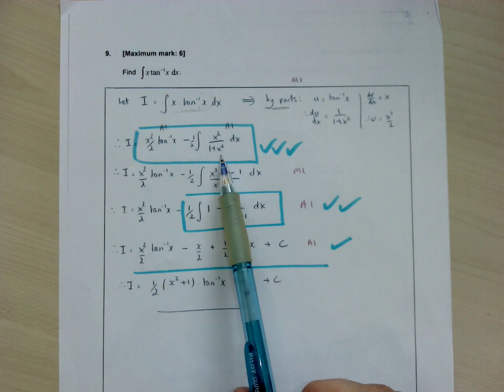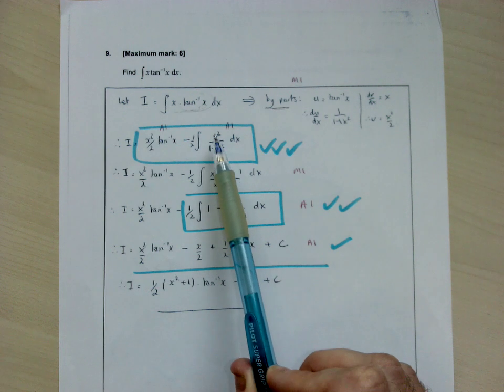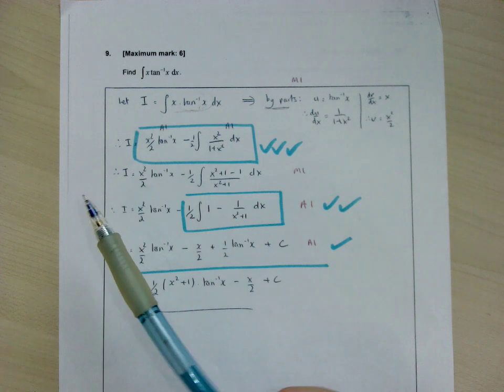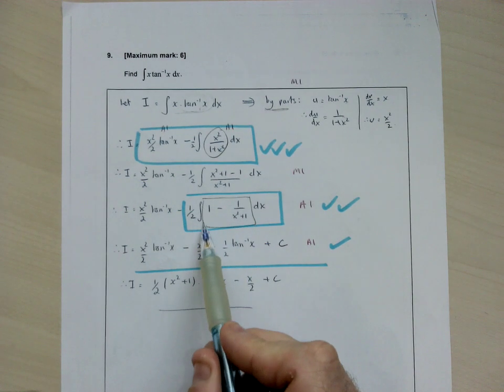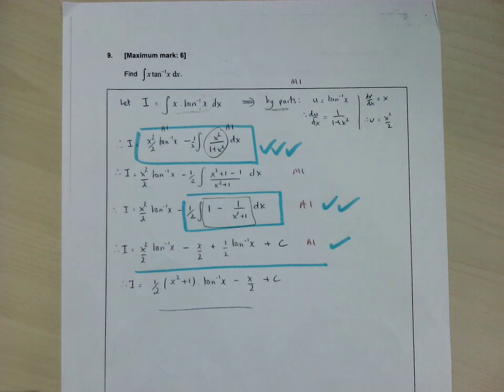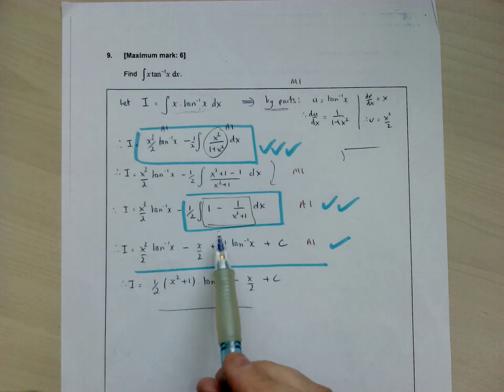this. Now that's not straightforward either. I need to recognise here that this is actually a top-heavy algebraic fraction. This thing can be written as 1 minus 1 upon x squared minus 1. Now you could do the long division if you wanted to, or whichever steps you use to get to this point here.